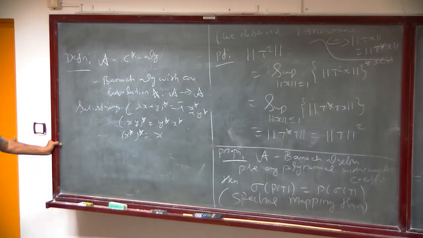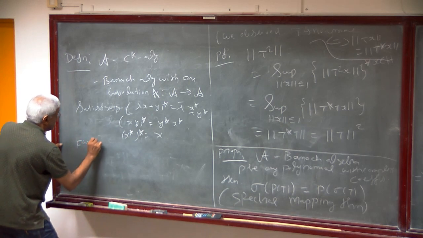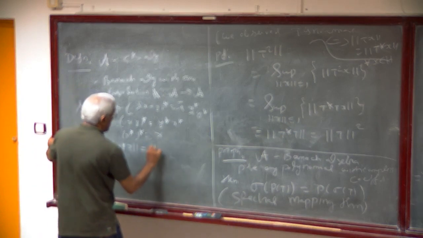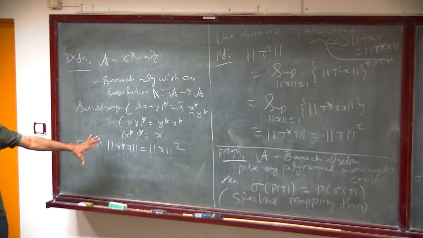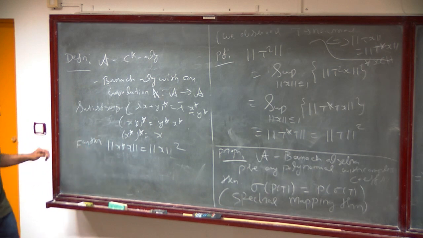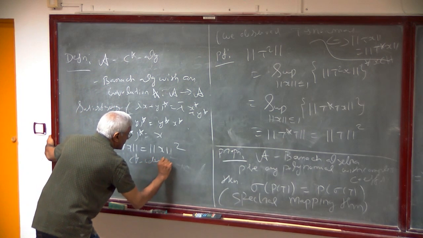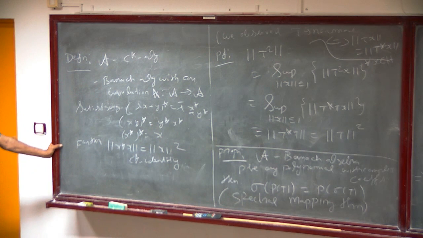And further, this is the crucial thing: the norm of x star x is equal to the norm of x squared. We have seen this for operators. Operators satisfy this equality. This is what is called the C-star identity. So a C-star algebra is a Banach algebra with another structure called involution.